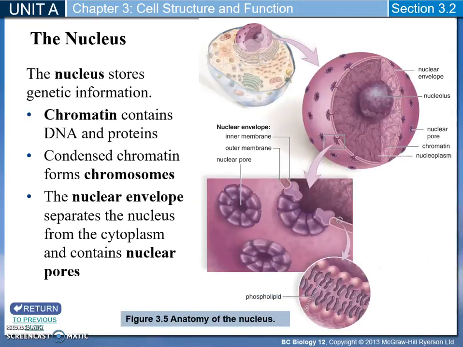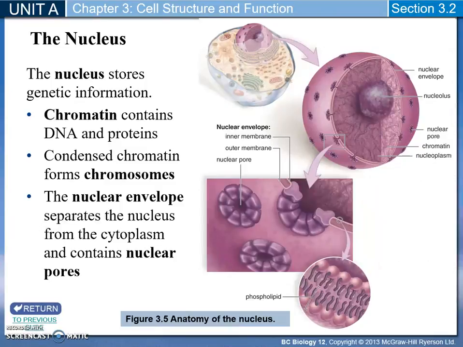The nucleus then is where the genetic information is stored, and it's the chromatin which contains the DNA and proteins, and condensed chromatin will form the chromosomes.